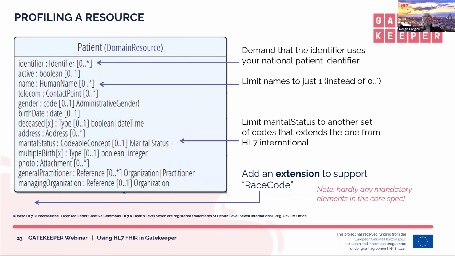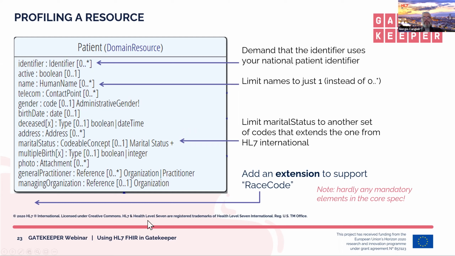This is an example of where a profile at the level of information may intervene. You may want, for example, to say, yes, I have an identifier, but in my context, I want you to use at least such a kind of identifier, and this is the right way to represent it.